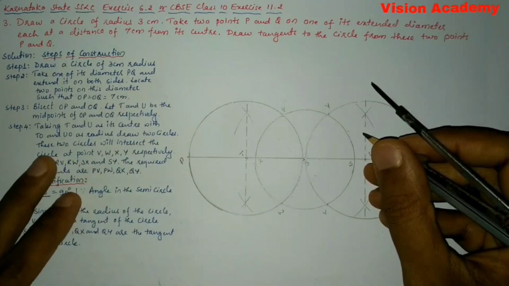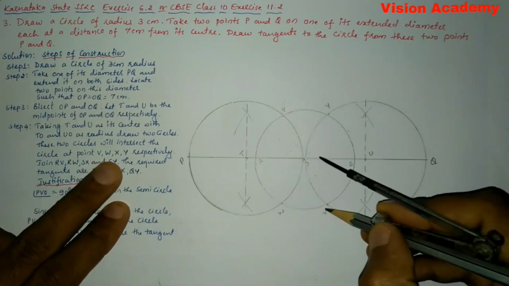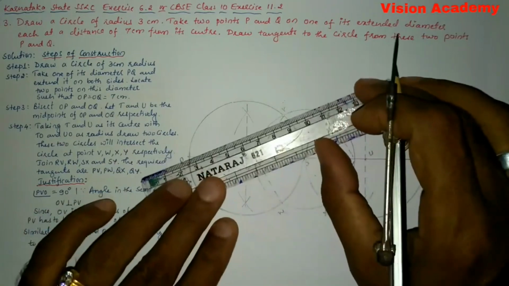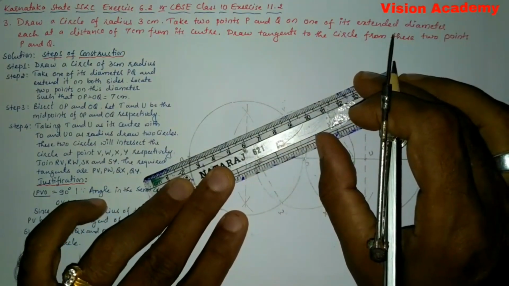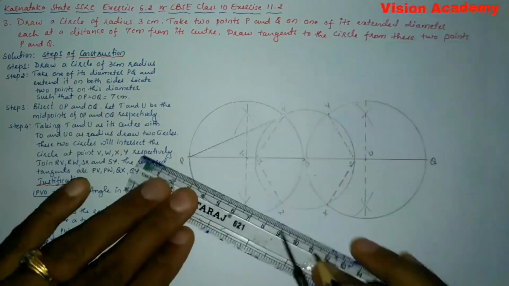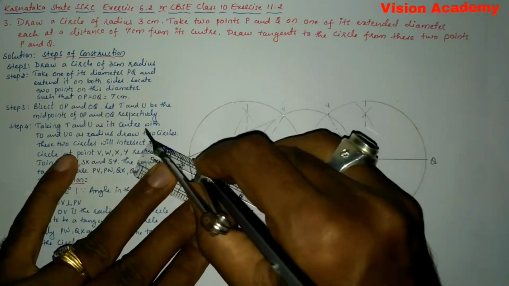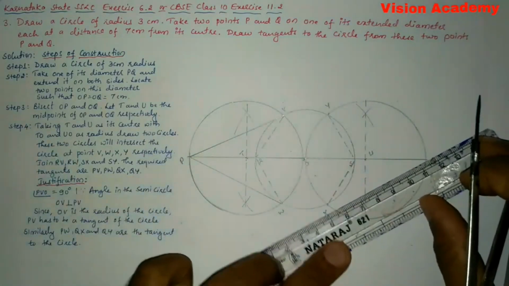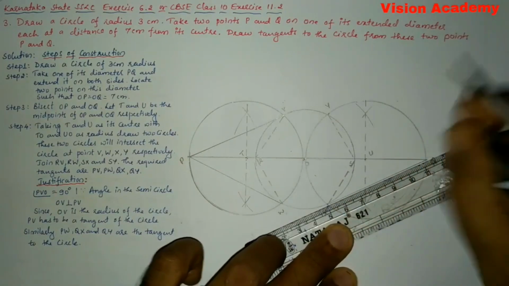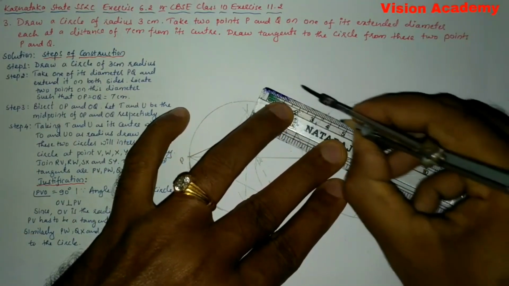So draw 2 circles. These 2 circles will intersect the circles at points V, W, X and Y respectively. Okay, required tangents we are going to draw from here, that is PV, PW, and next here QX, and QY are the required tangents.